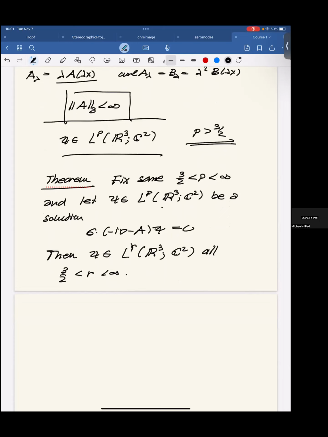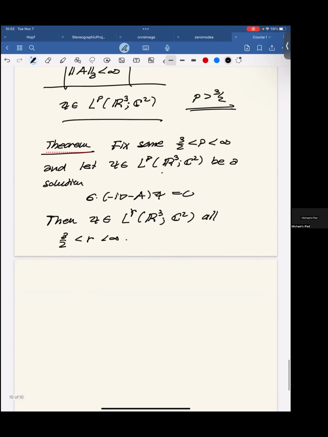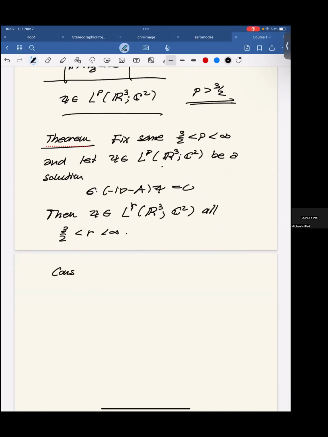In particular, you see, why is this a good thing? It also tells you that psi is in L6. And in particular, as a consequence, A psi is in L2 by Hölder's inequality: the L2 norm of A psi is less than the L3 norm of A times the L6 norm of psi.